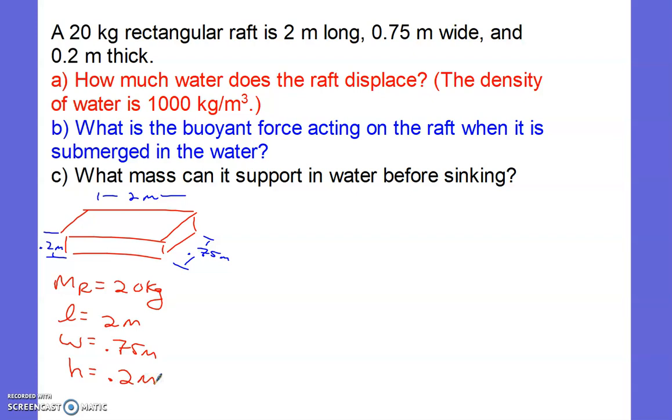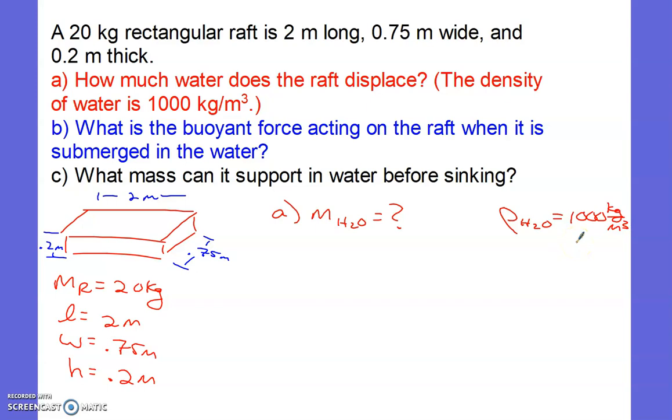So in letter A, we want the mass of the water being displaced. And we are told that the density of the water is 1,000 kilograms per cubic meter.